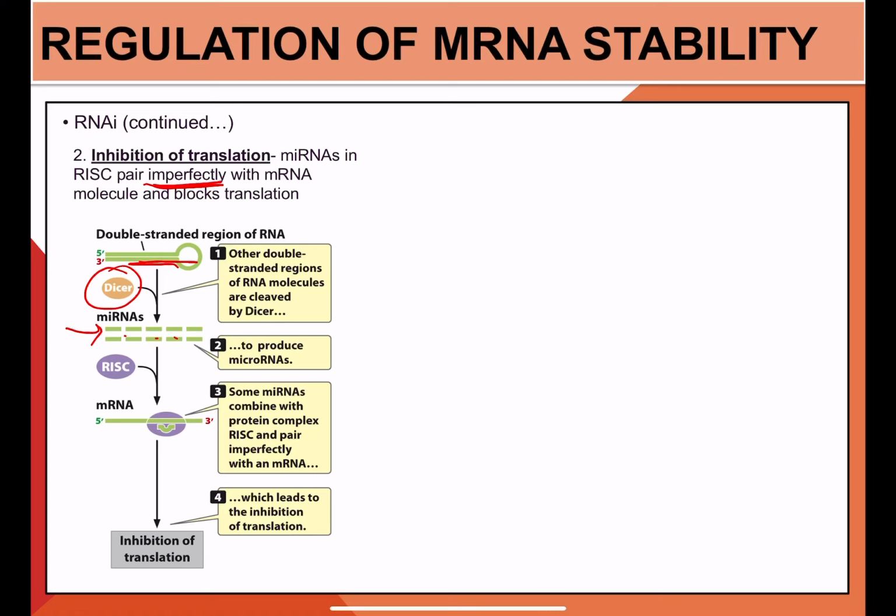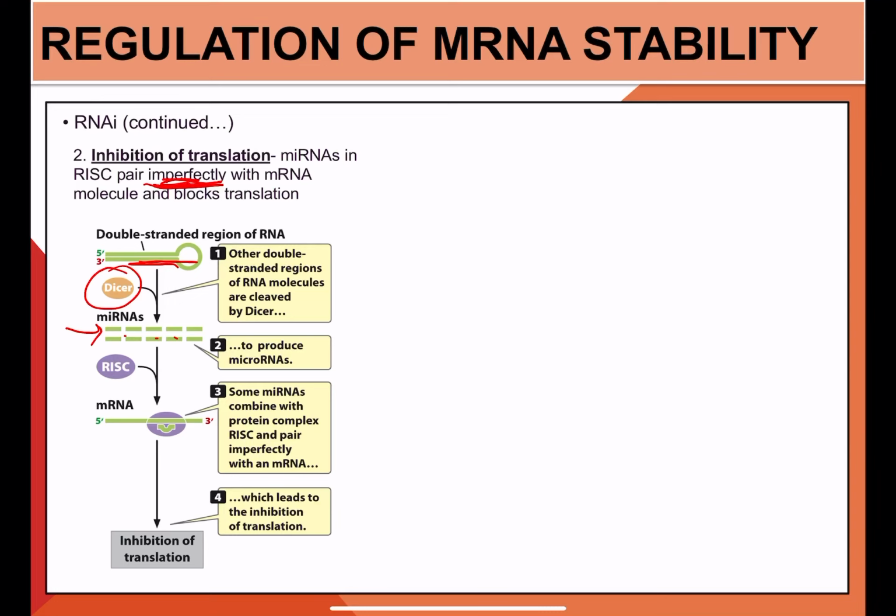That's the major difference between the two. siRNA is very specific and targeted for that specific mRNA sequence, whereas microRNA is not very specific, and that's why it binds imperfectly with the mRNA molecule, because one microRNA can bind to multiple different mRNA sequences, okay?